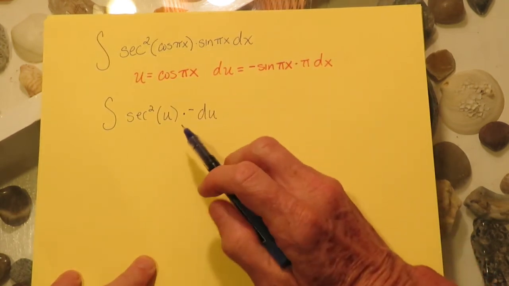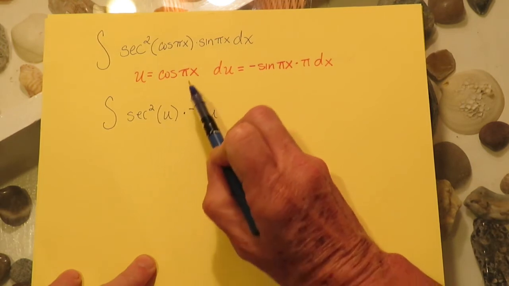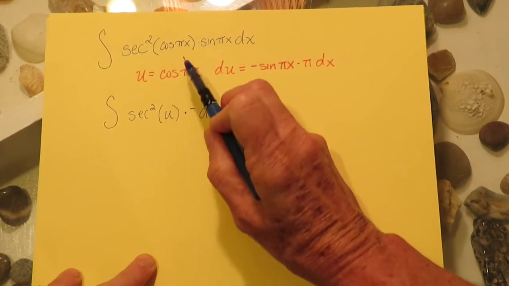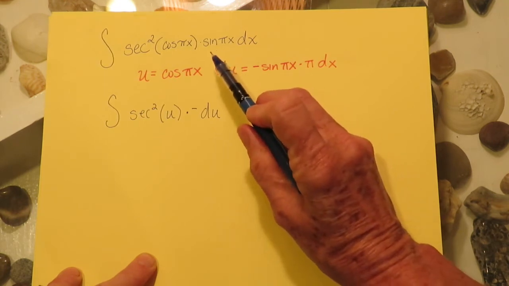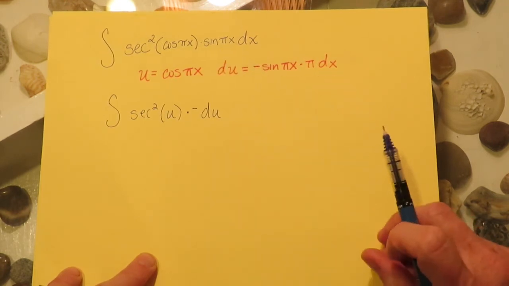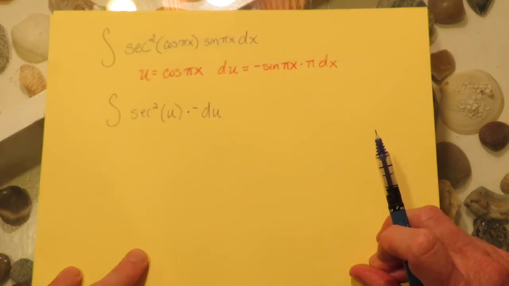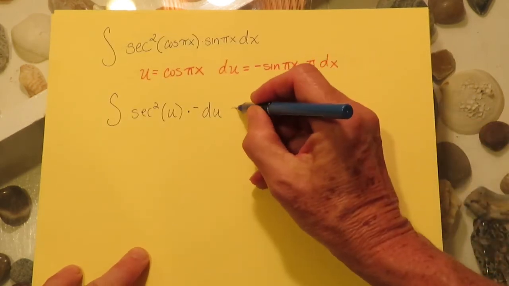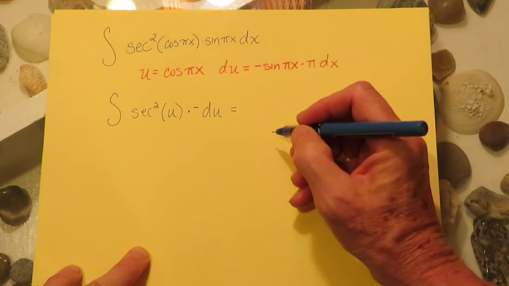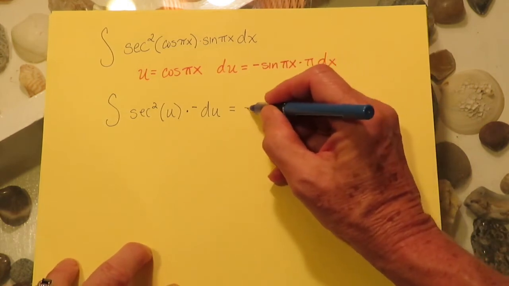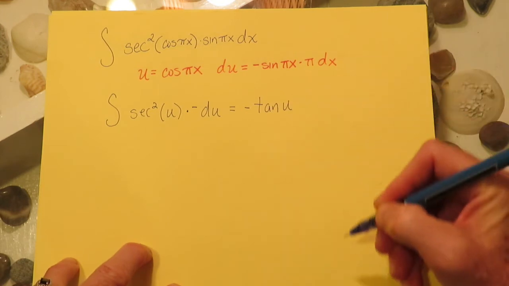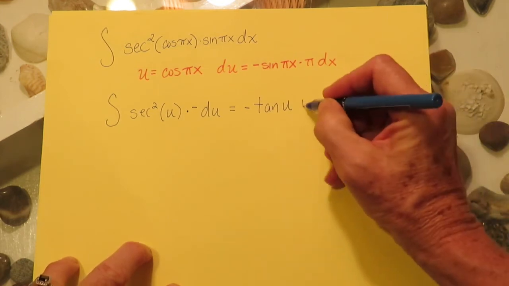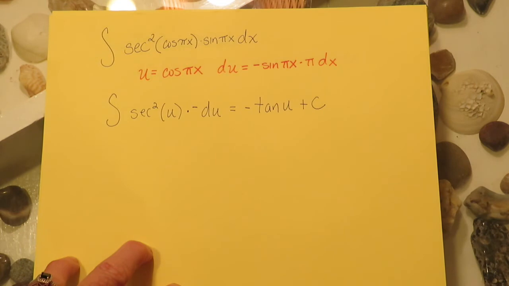So notice that secant squared is equal to that, and then -1 times du is equal to the rest of the expression. I now have a very simple form, secant squared. Secant squared is the derivative of tangent. So my antiderivative is -1 times tangent plus some arbitrary constant.